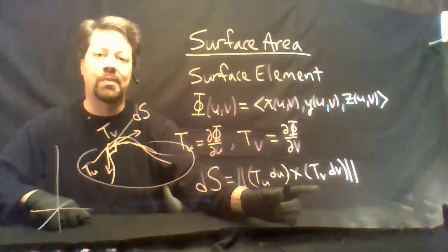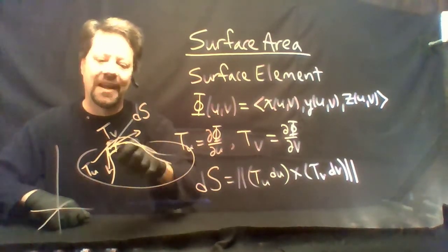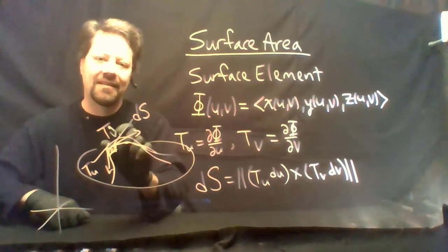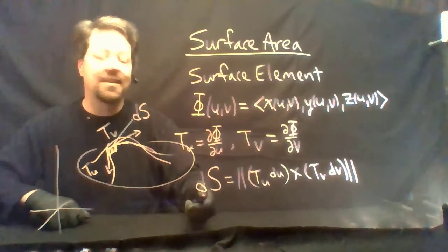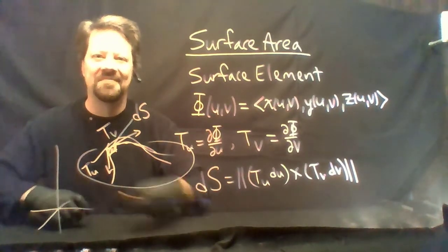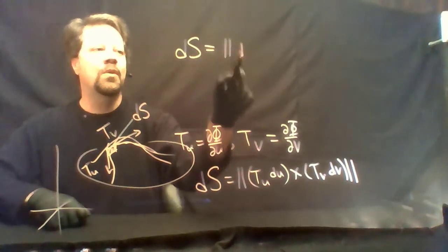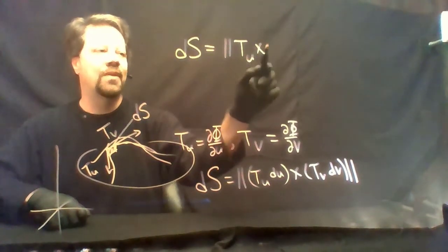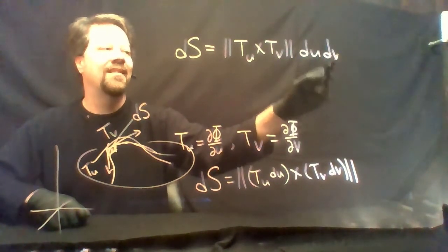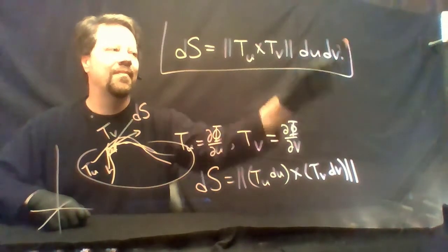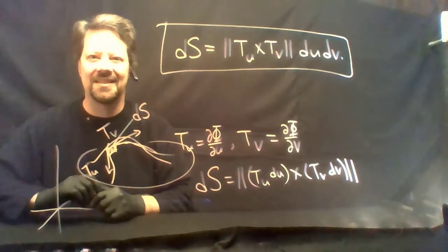When we take the cross product, we end up with something that has a norm equal to the area of the little, infinitesimal parallelogram on the surface. That gives us the element of surface area. It follows then that the element of surface area is the norm of the tangent vectors t_u cross t_v times du dv.